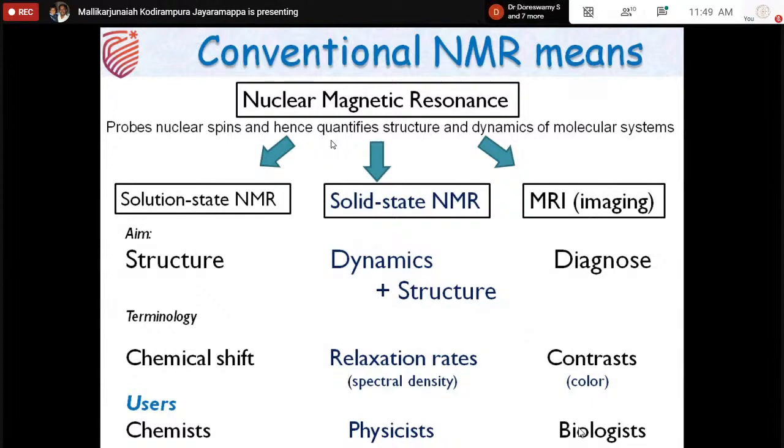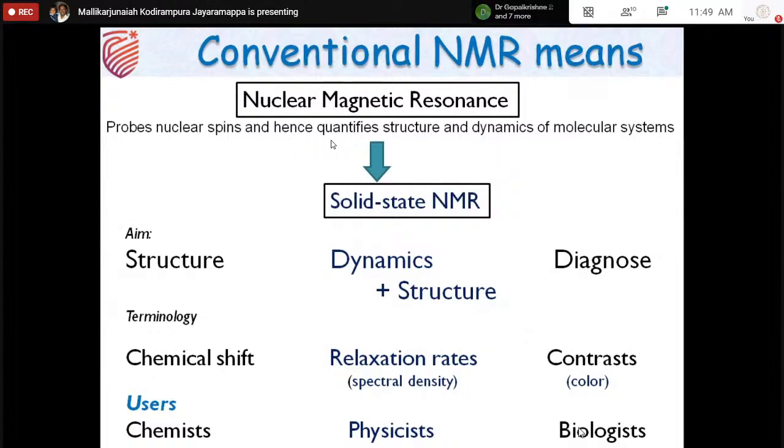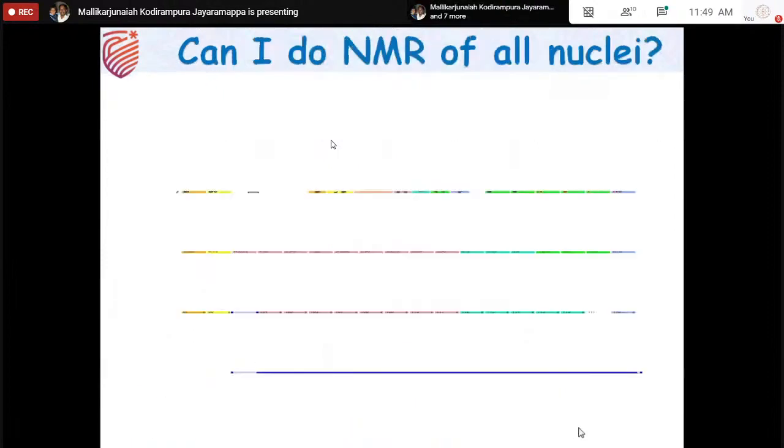In research, you cannot really call yourself just a chemist or physicist or biologist. If I want to study all these at a time, and if I am a material scientist or biophysical chemist, I need to concentrate more on solid state NMR. Therefore, my entire talk will concentrate more on solid state NMR.